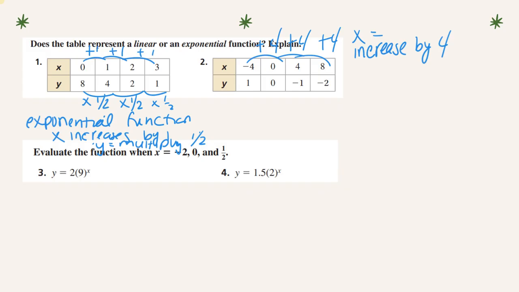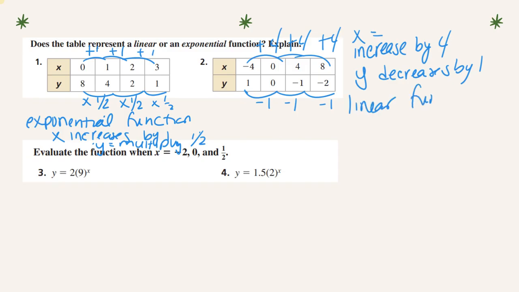And y, we know that from 1 to 0 is minus 1, from 0 to negative 1 is minus 1, and negative 1 to negative 2 is minus 1. So we could see that y decreases by 1, correct? So this is a constant rate of change. This is going to be a linear function.